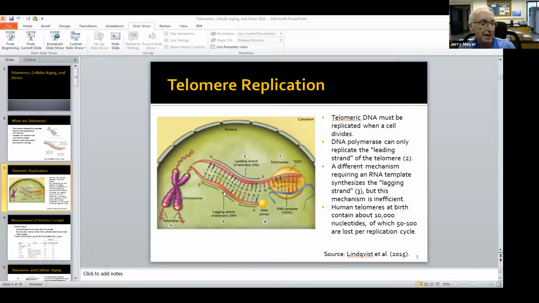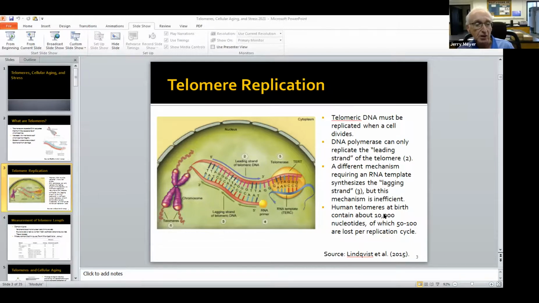And the lagging strand, shown over here, has to be synthesized by a somewhat different mechanism that requires an RNA template. Unfortunately, this mechanism is not completely efficient, such that a certain portion of the end of the telomere is not included in the replication each time the cell divides. As I say here, roughly 50 to 100 nucleotides are lost each time a cell divides, each time the telomeres have to be replicated.